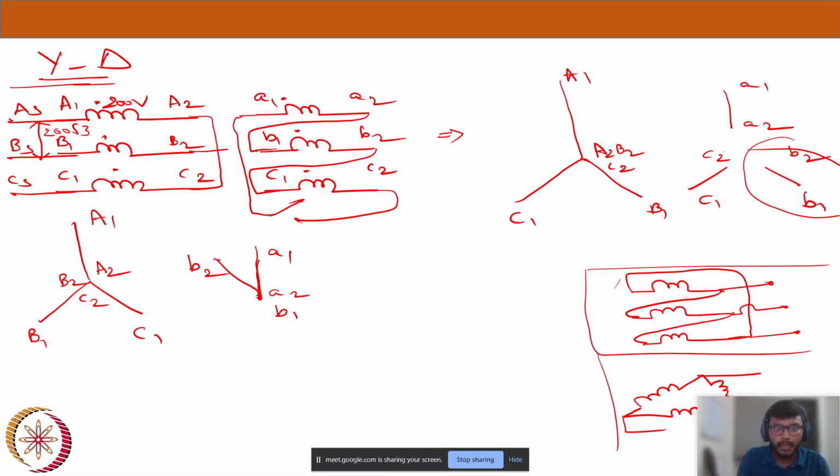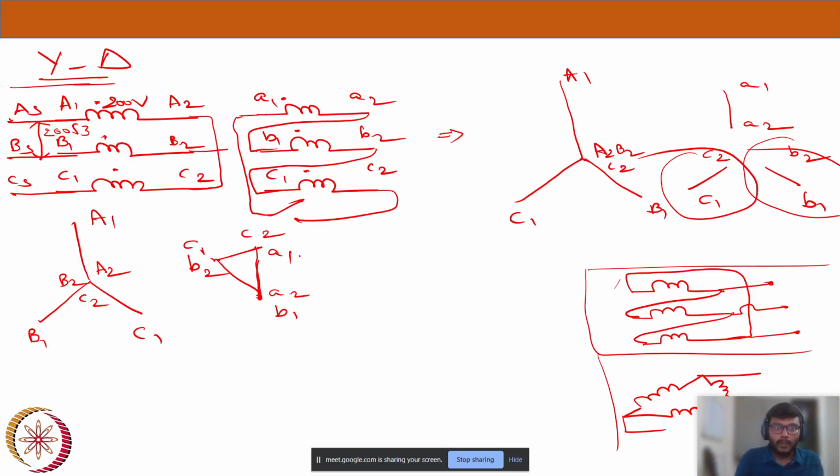Now what is B2 here? Now I have shorted B2 and C1, so B2 is the same as C1. C1 C2 will look like this. So all these three phasors of the secondary are of equal magnitude, that is 100 volts, and they seem to form a delta kind of connection.